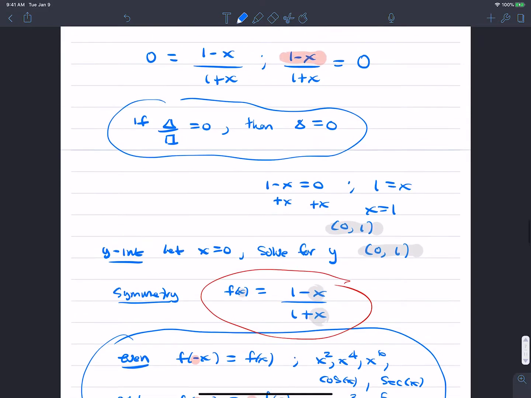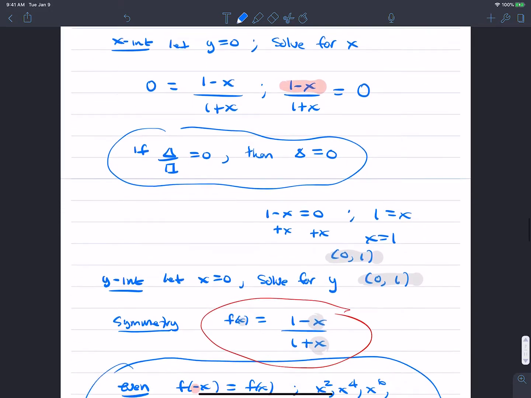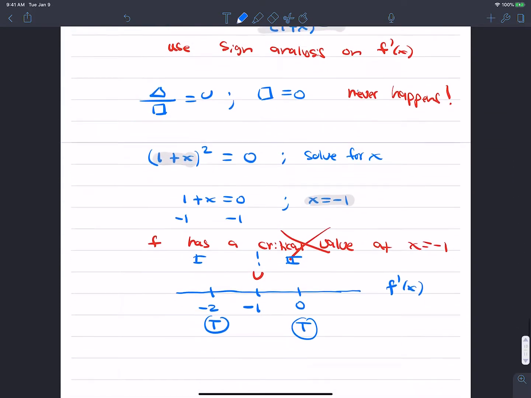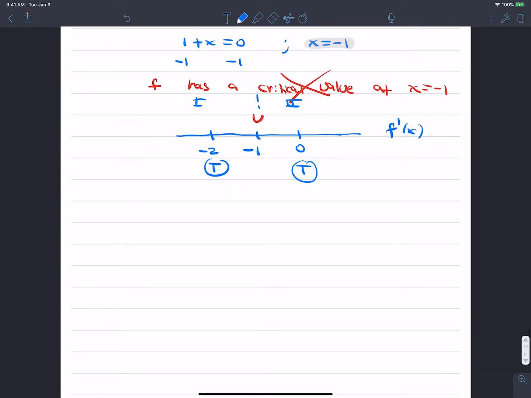Since it's not in the domain, you know you have a what there? A vertical asymptote. Is that right? So if you recall, there are conditions where your function has a derivative that does not exist. One of the conditions is that the derivative won't exist at vertical asymptotes. Is that right? So that's all you've actually found.